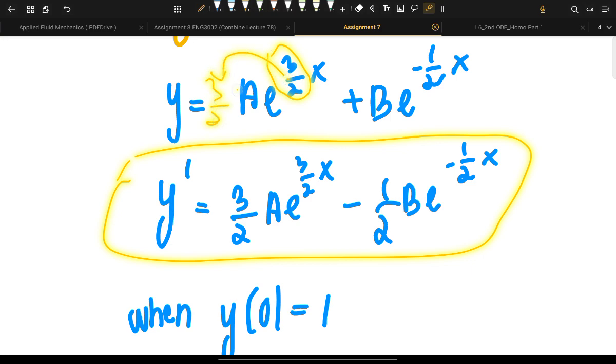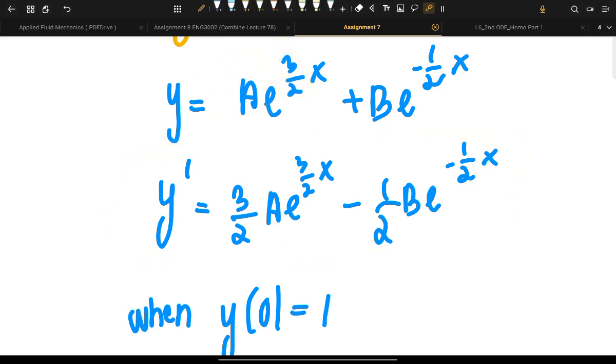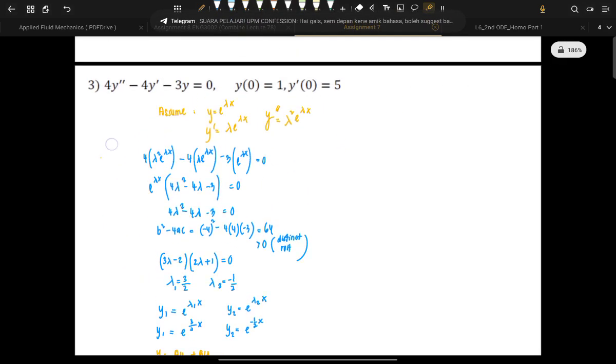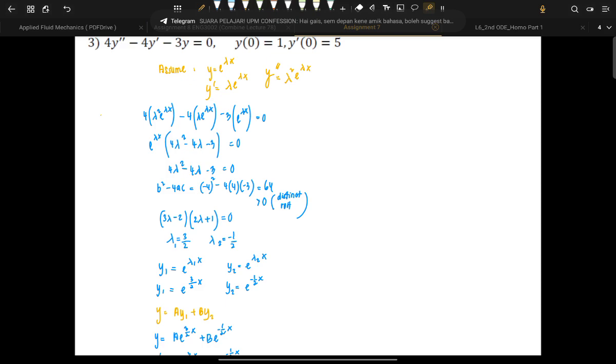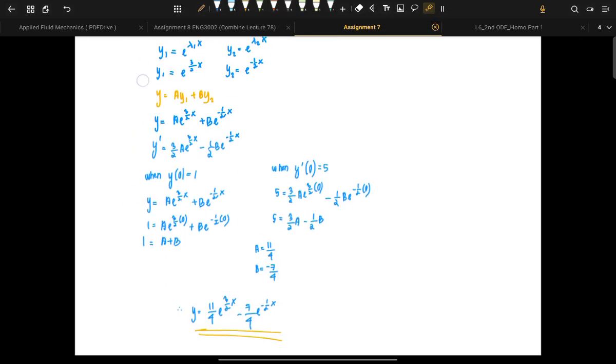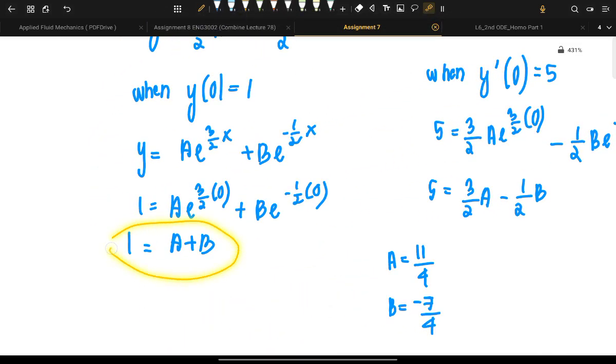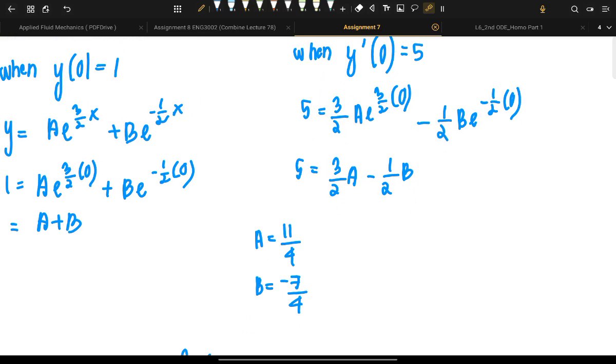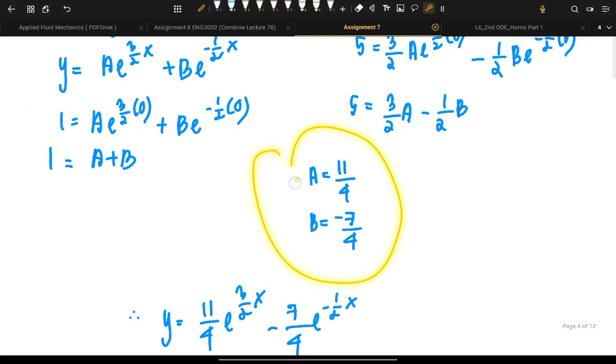So 3 over 2 a e to the 3 over 2 x, because the derivative of e to the power of something gives the same form. We substitute y of 0 equals 1 here, and we get a plus b equals 1. For y prime we use the same method, and then we use simultaneous equations with the calculator to get a and b.